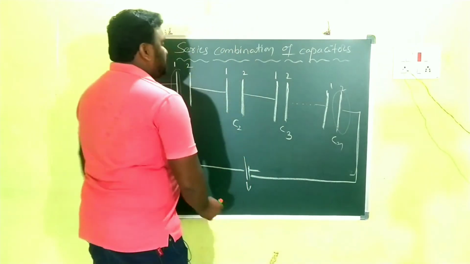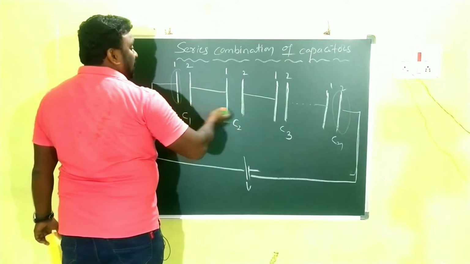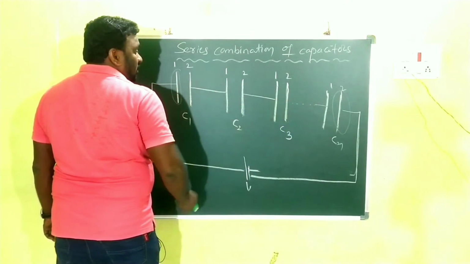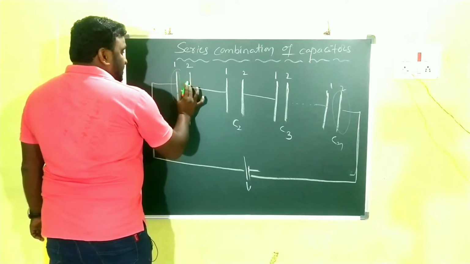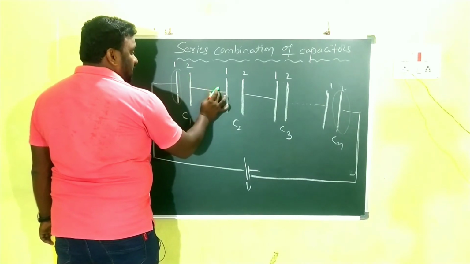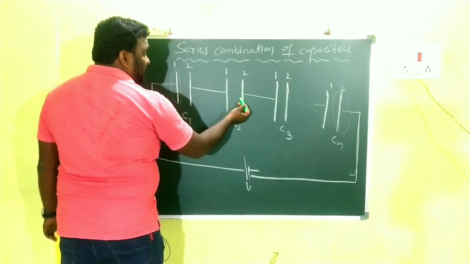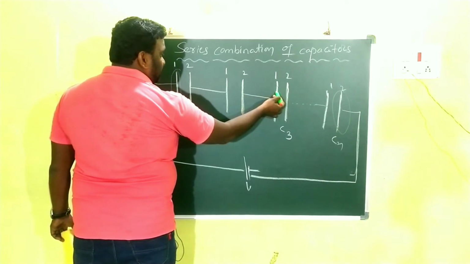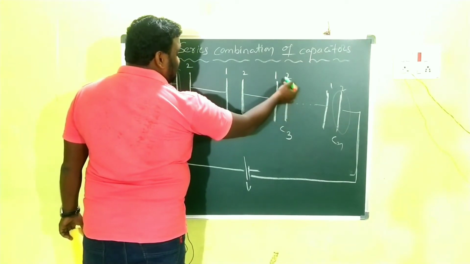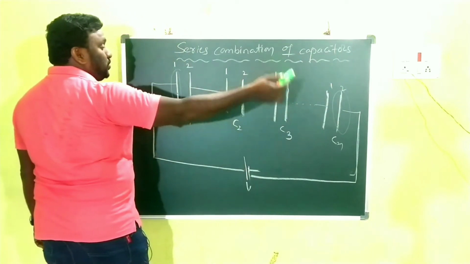First, all the capacitors should be arranged in a row, in a horizontal row. After that, the second plate of the first capacitor is joined to the first plate of the second capacitor, the second plate of the second capacitor is joined to the first plate of the third capacitor, and the second plate of the third capacitor is joined to the first plate of the fourth capacitor, and so on.